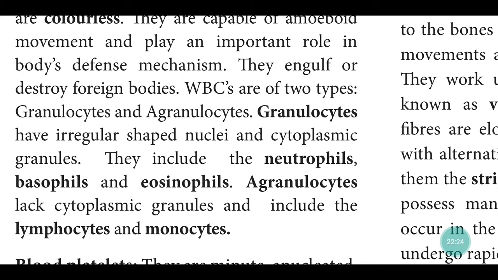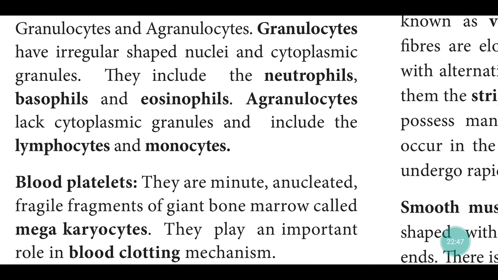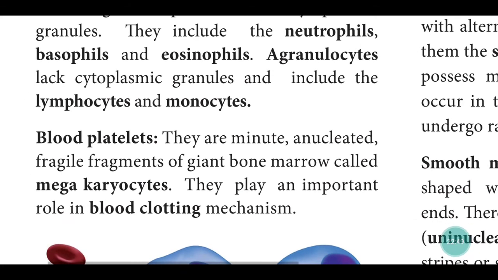They lack cytoplasmic granules and include the lymphocytes and monocytes. Lymphocytes are of two types, T lymphocytes and B lymphocytes. T lymphocytes will kill the virus, B lymphocytes will create antibodies. Monocytes, after maturing, will give macrophages, very big phages engulfing. They will eat the foreign substances, those foreign bodies.